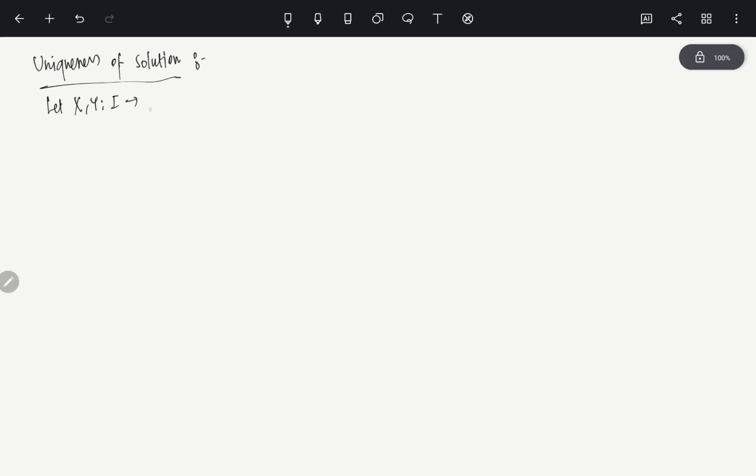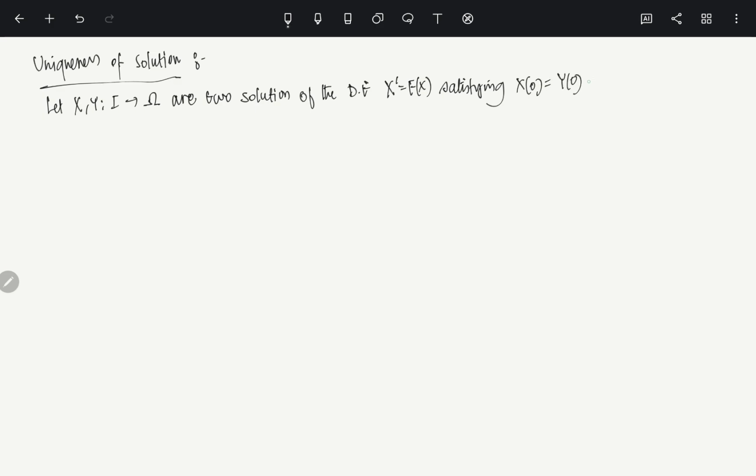I to R, x of t is in omega, are two solutions of the differential equation x prime equals f of x, satisfying x0 equals y0 equals x0.